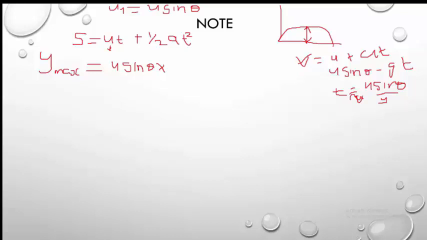So I can carry the whole of this and bring it to this place. So it will now be u sine theta over g. Then because this a will now be my g and it will be minus, so minus g over 2. This t I will square it. It's still the same t to get to this time.